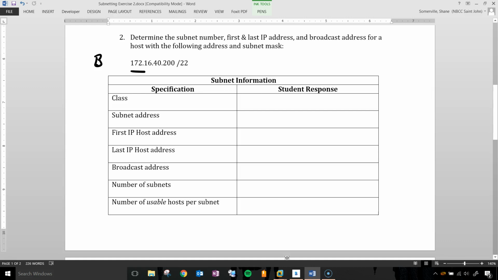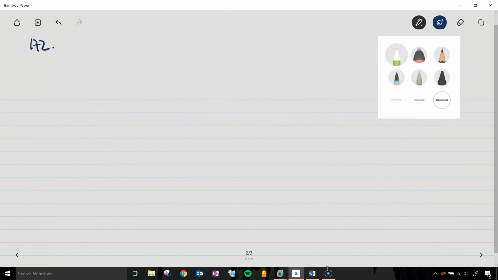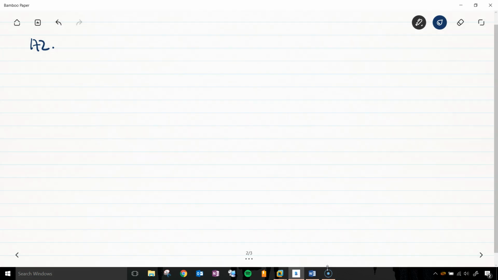So let's go through how to figure this out. So we have 172.16.40.200 /22.